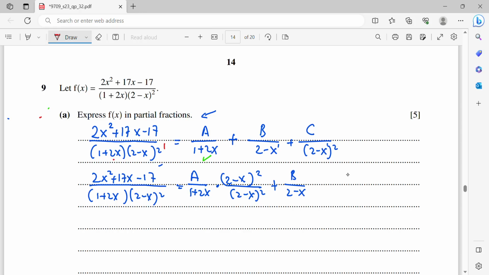I don't have the first term. Means that I have to times by first term and degree 1 of the second term, because I only have degree 1 right now. So now I need to times with 1 plus 2x and 2 minus x. And for the last term, C over 2 minus x squared, the squared term already given, then I need to times with the linear factor 1 plus 2x.